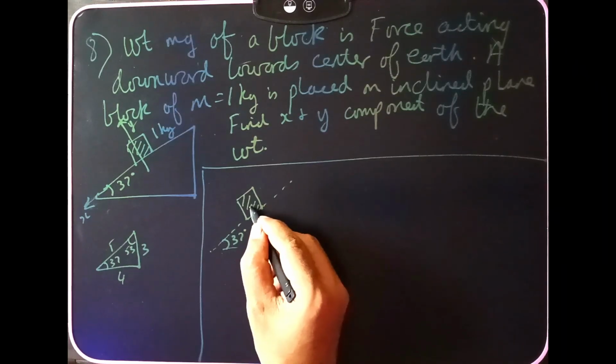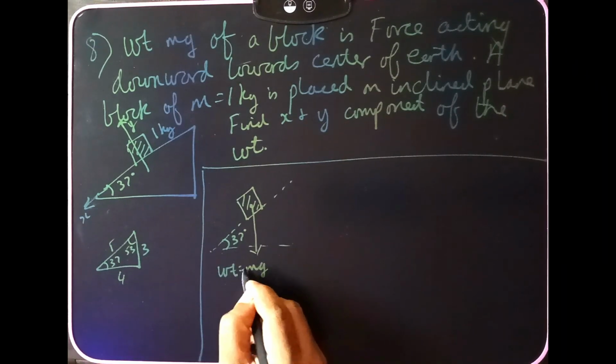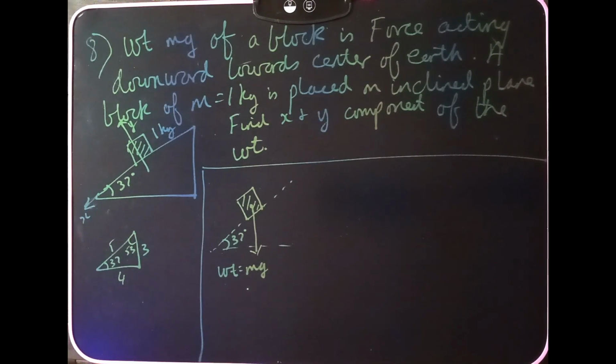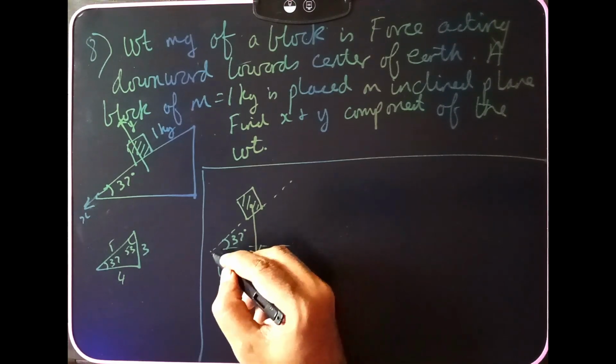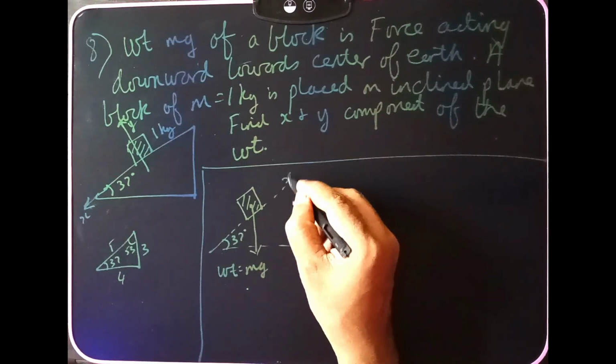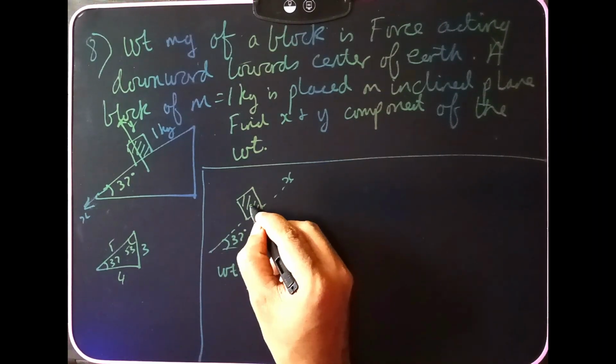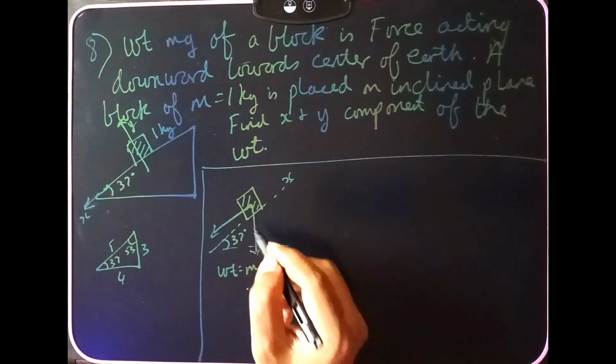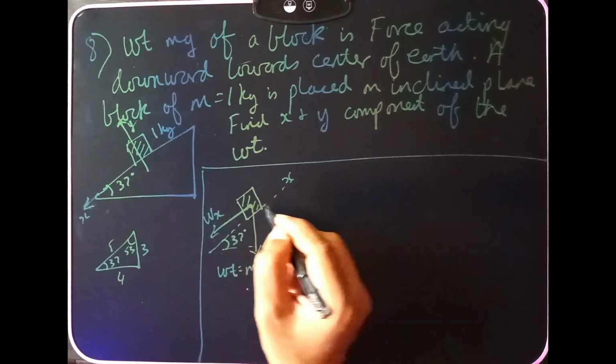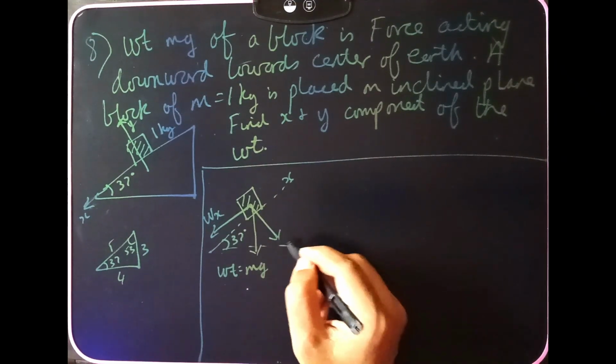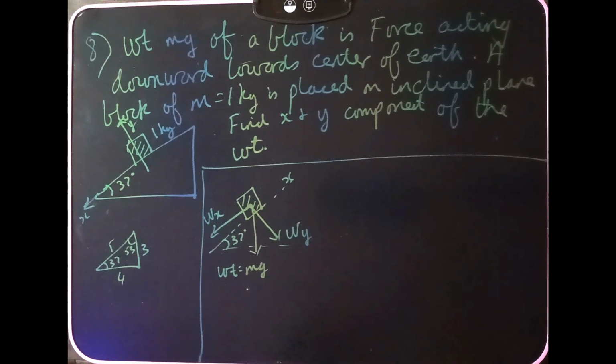Weight is equal to mg. If this is the x-axis, then the x component of the weight will be this way. Let us call it wx, and the y component of the weight will be this way. We'll call it wy.